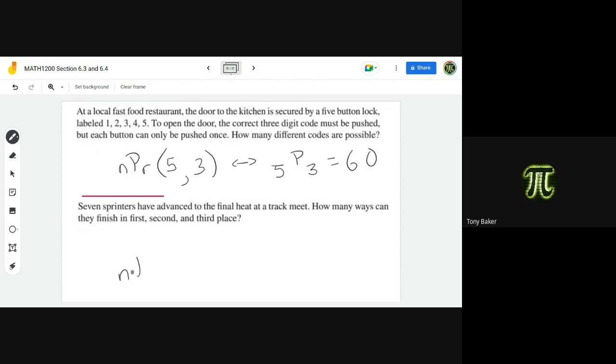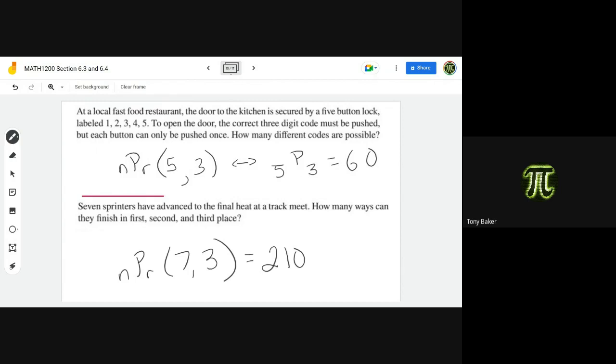So I have nPr. I have 7, and I'm choosing 3. So there's 210 different ways the race can end.